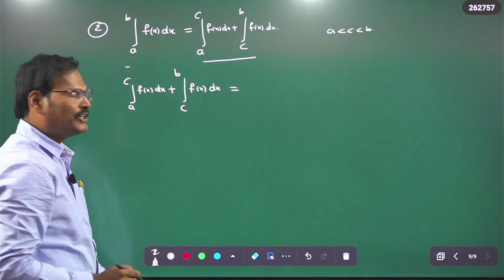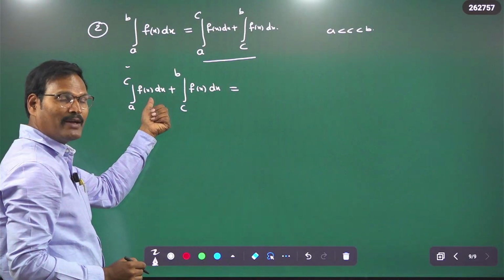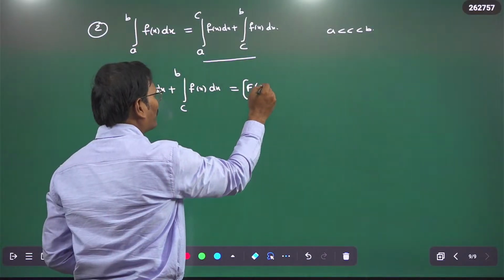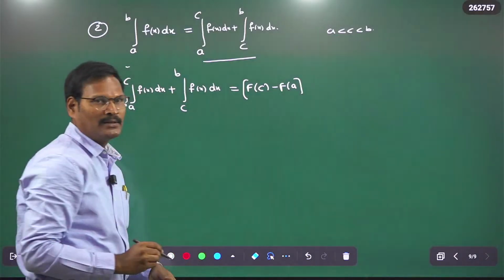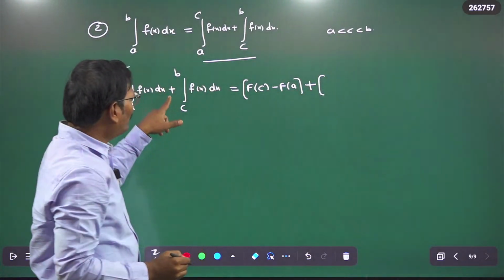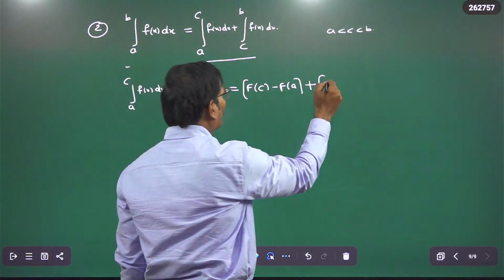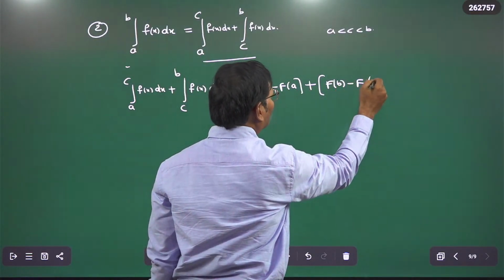From the definition of definite integral, integral a to c f of x dx means F of c minus F of a, plus, by the definition, integral c to b f of x dx means F of b minus F of c.